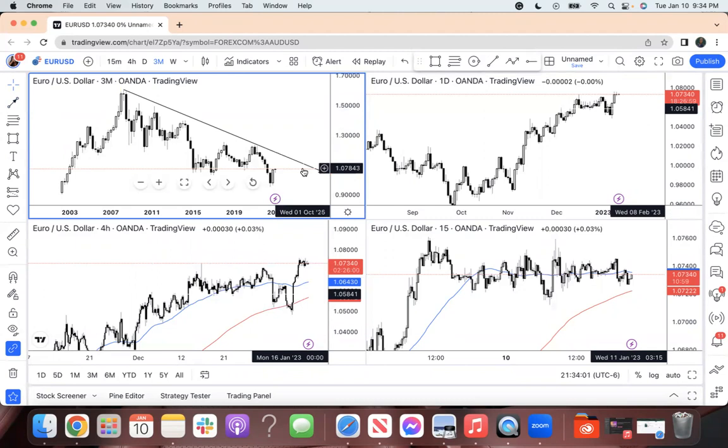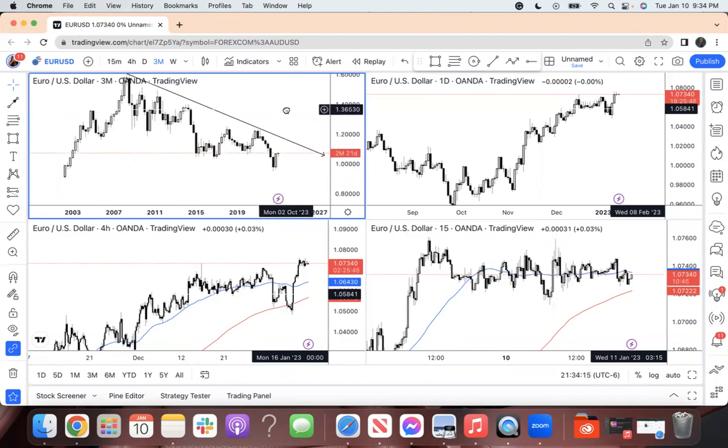So I make that initial analysis. I see that we have a double top here. If you've gone through the Candlestick Trading Bible, you'll know that a double top typically means a change in character or a trend reversal. So when you see a double top forming, you are then looking for a break of the neckline, and then a downtrend.